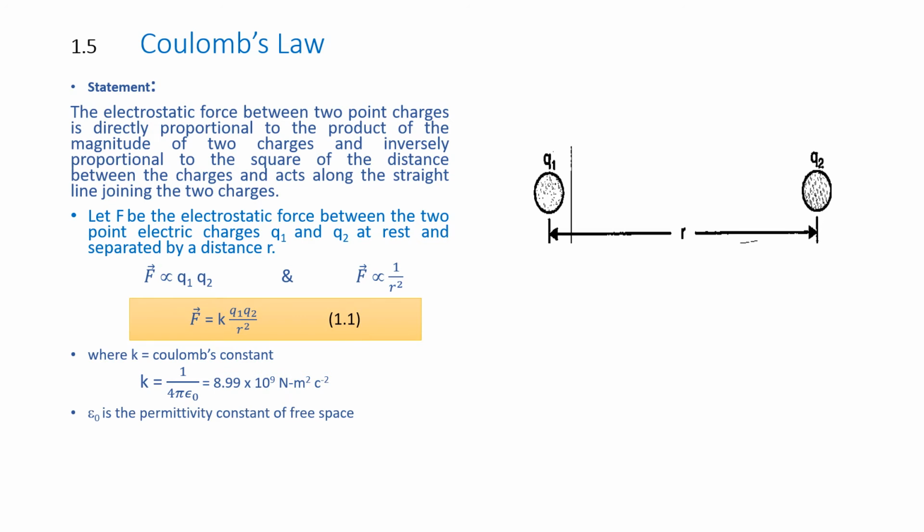Epsilon naught is the permittivity constant of free space. The value of epsilon naught, the permittivity constant in free space, is equal to 8.85 into 10 to the power of minus 12 Coulomb square per Newton meter square.